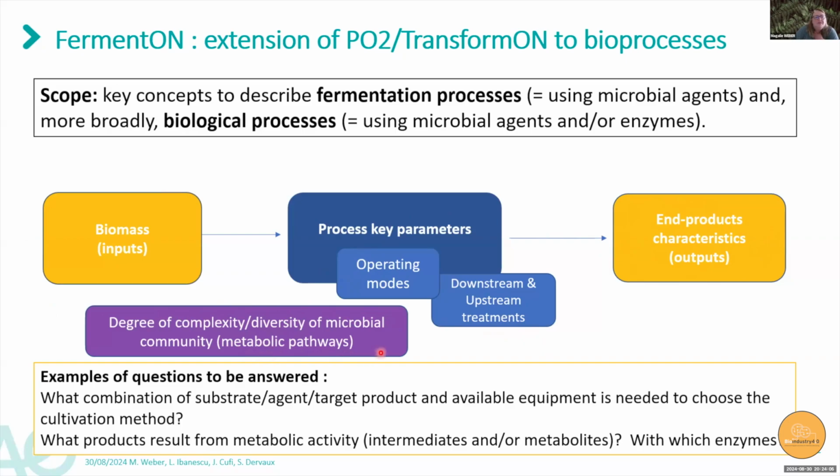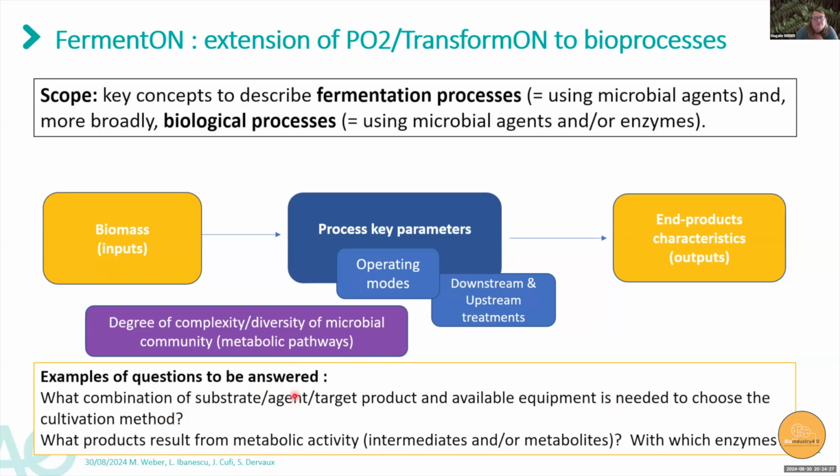So now some examples of questions to be answered could be: what combination of substrate, agent, and target product do we want to make regarding the available equipment, and, for example, for a specific step, that is to say, the cultivation method.